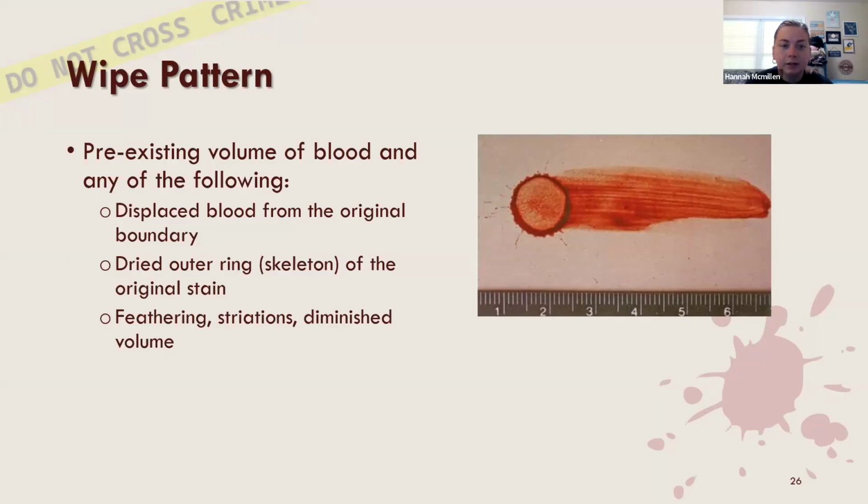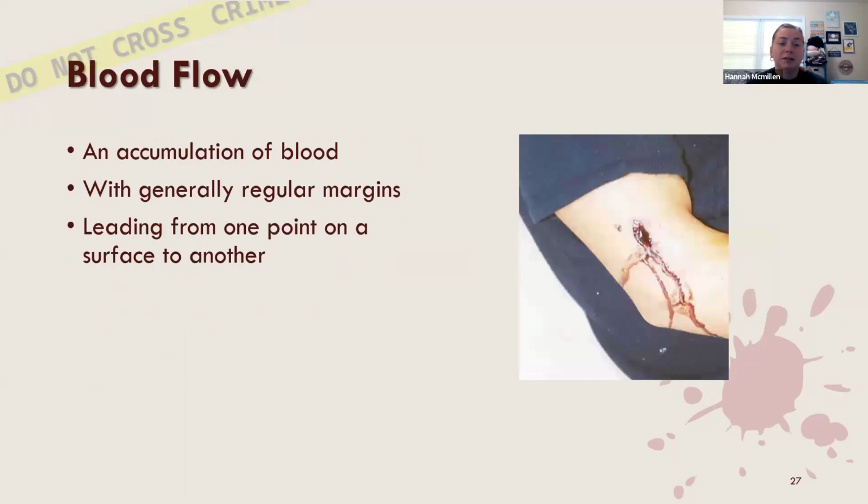So for blood flow, this is an accumulation of blood with generally regular margins leading from one point on a surface to another. So this is just blood flowing as gravity is acting on it. So if this person is laying down, you can see that, okay, the way that they were laying was in a way that the blood was coming down their arm.